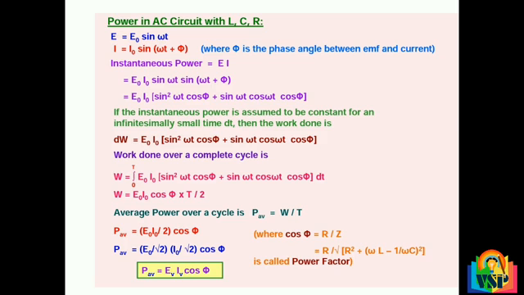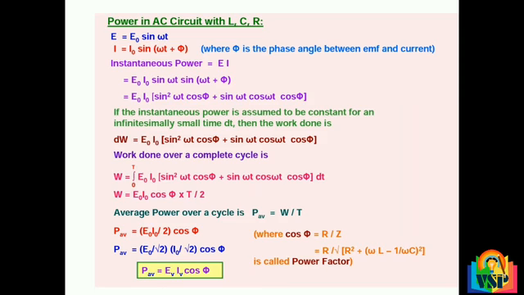E naught I naught is common. We can apply the formula for sin (A plus B). You remember this formula: sin square omega t cos phi plus sin omega t cos omega t sin phi.